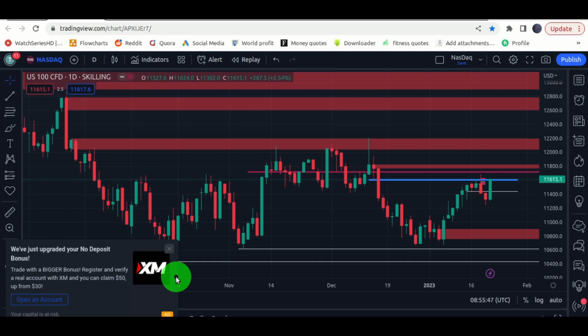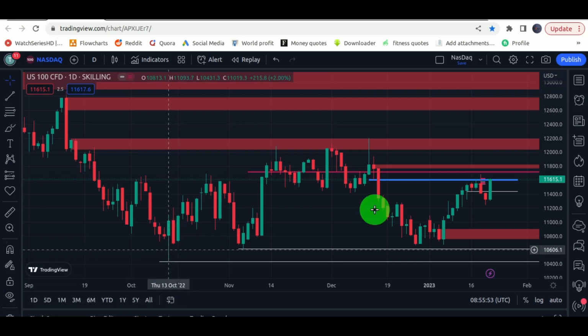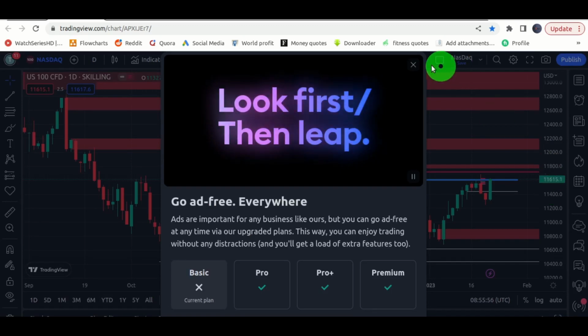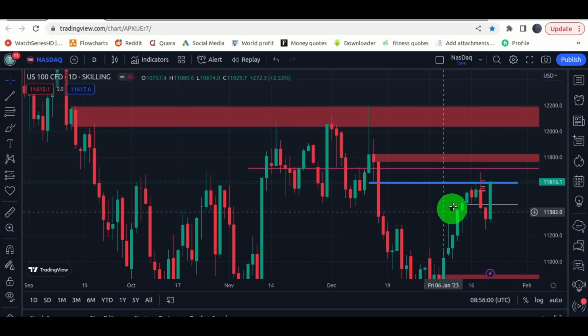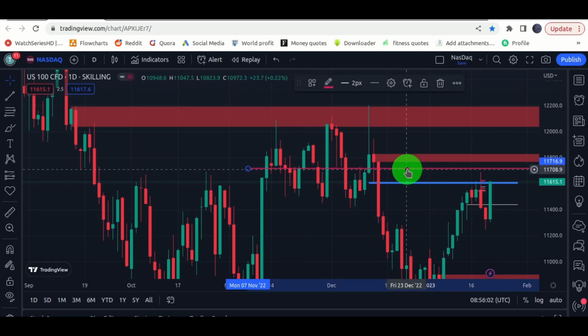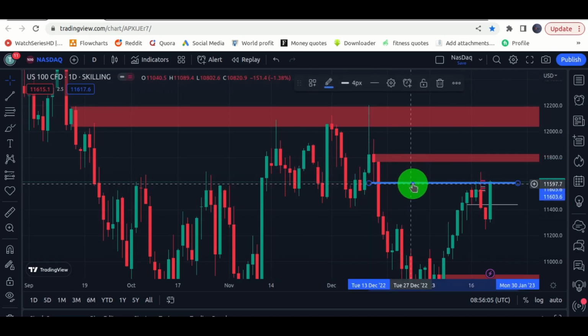So let's start off with looking at Nasdaq 100. As you know guys, this is the analysis that I've been doing since last year. I'm just going to start by removing some of the things here because I don't think I need them.